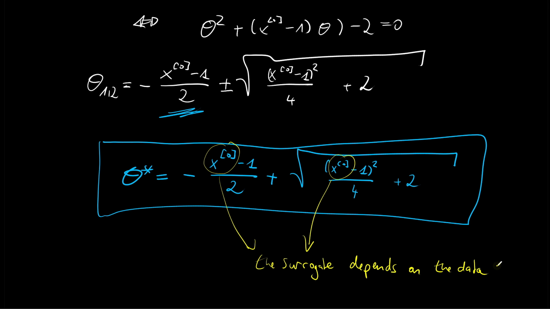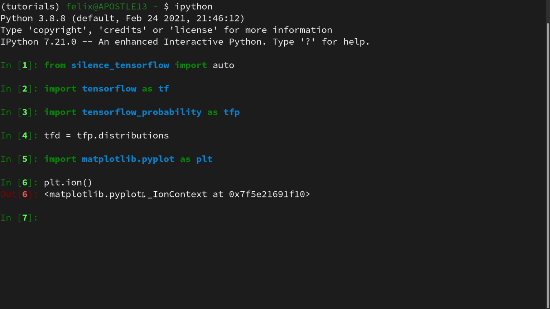And that of course makes sense because our surrogate is a replacement for the posterior, and the posterior was P of Z conditioned on X. So there must be some sort of a relation from the data, or from the observed values X, to the surrogate. And that's what we find here. Isn't that beautiful? Okay, finally, let's look at an example in Python by the help of TensorFlow Probability.